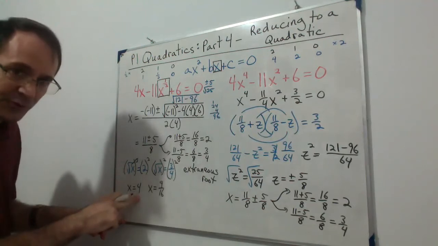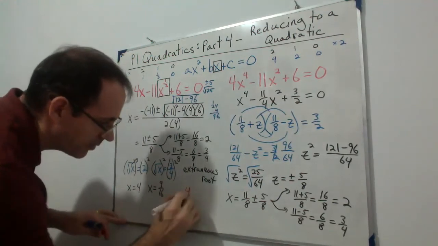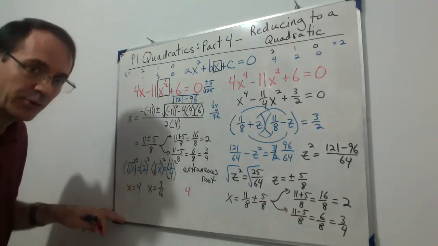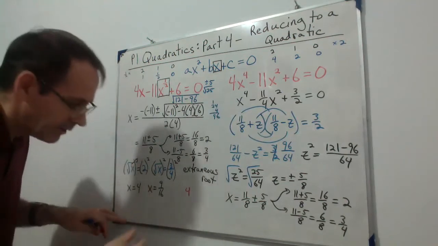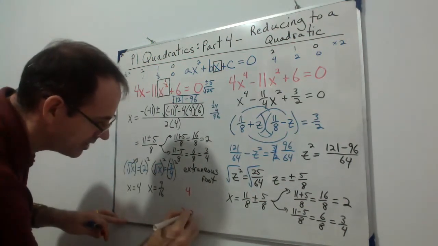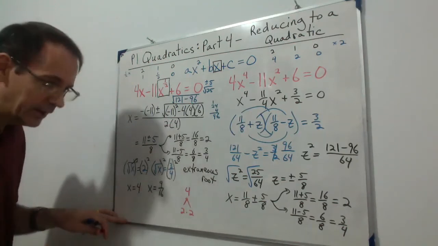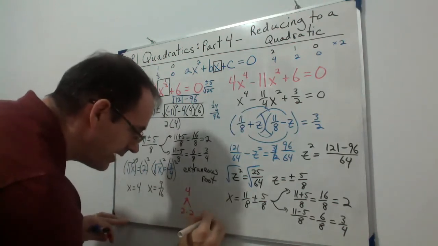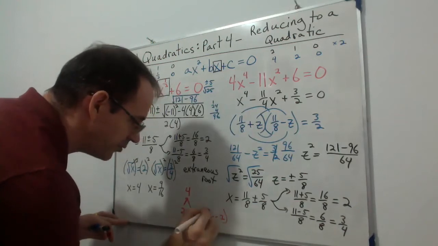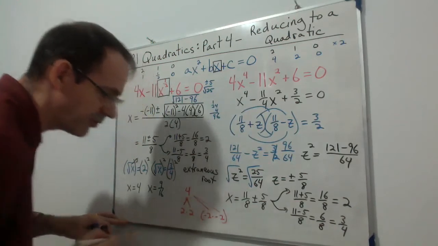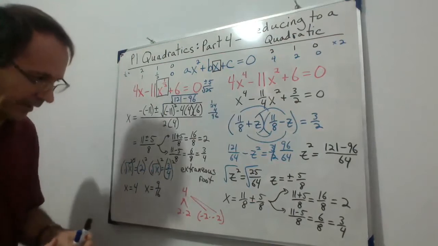Let's say you have 4. There's 2 ways of getting that 4 when you square. It could have come from 2 times 2 to get 4, but it could have also come from -2 times -2. That can also give you 4.